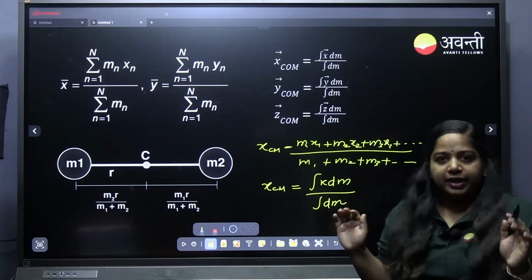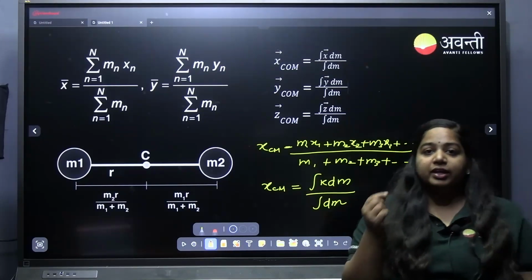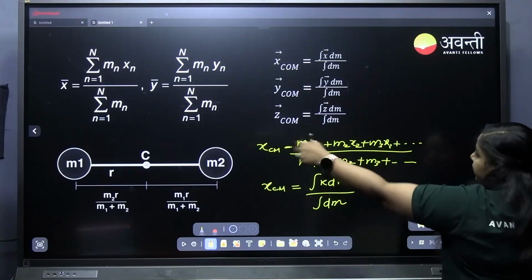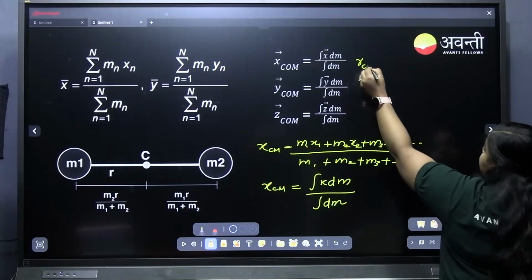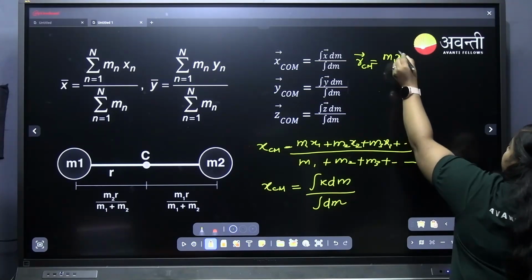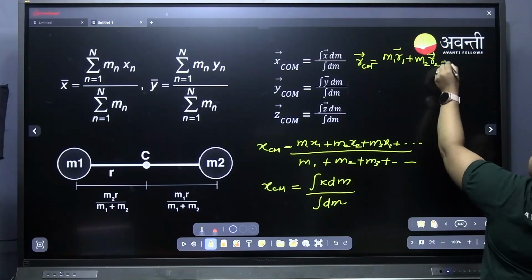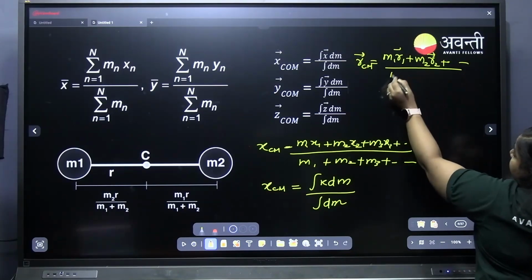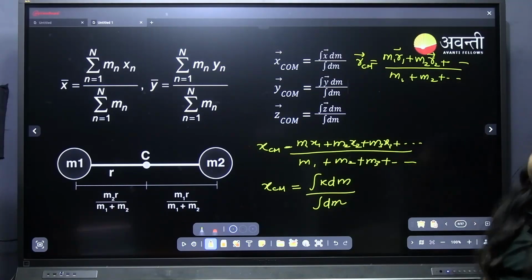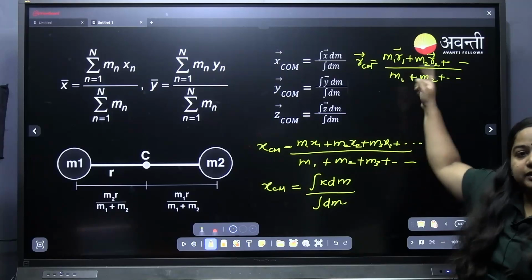Now instead of just coordinates x, y and z, if you want to find position vector r, then in the summation form RCM, position of center of mass, will be equal to m1 r1 plus m2 r2 plus etc. divided by m1 plus m2 plus etc. Okay. So instead of coordinates, if you want to find position vector, this will be the formula.